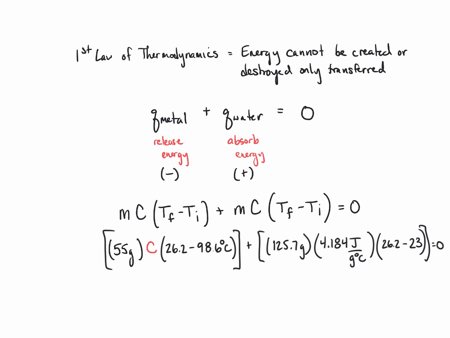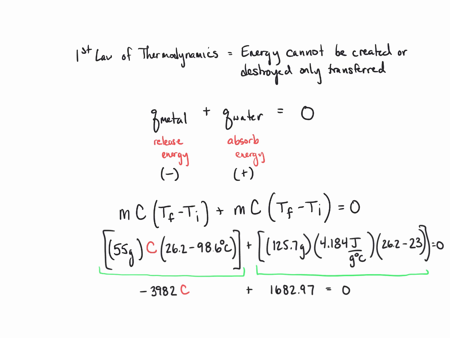If I multiply this entire thing out, we get an answer of negative 3982, and we keep that C there. The water side, if we multiply all this together, we end up getting 1682.97, and that is all equal to 0.